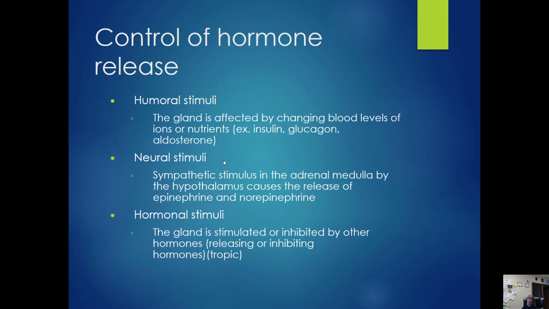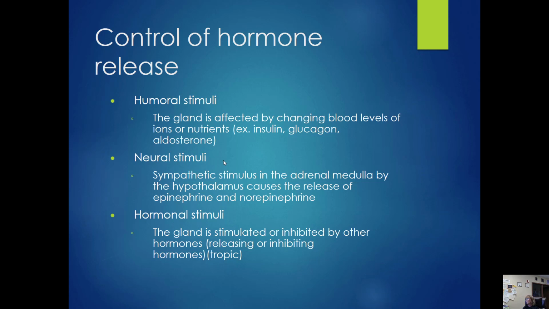And then the last one is the hormonal stimuli. These are tropic hormones, and they will in turn stimulate or inhibit glands, like the action of the hypothalamus on the pituitary, and the action of the pituitary on the thyroid and the gonads.